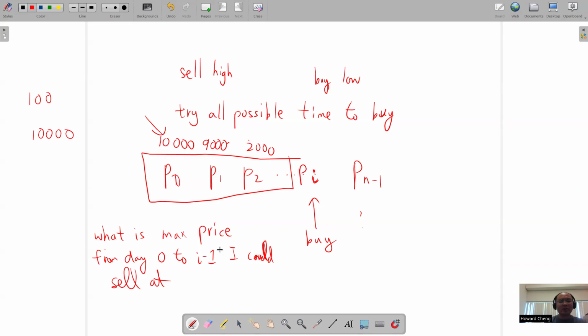But maybe it's not so clear because it depends on how much interest you have to pay, right? If the interest that you have to pay is more than 1,000, then holding on to this for one more day may actually be worth less than taking this 9,000 later.